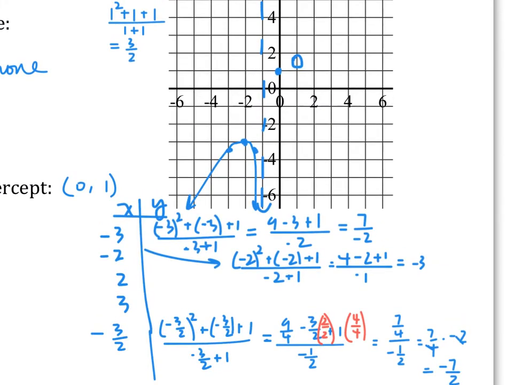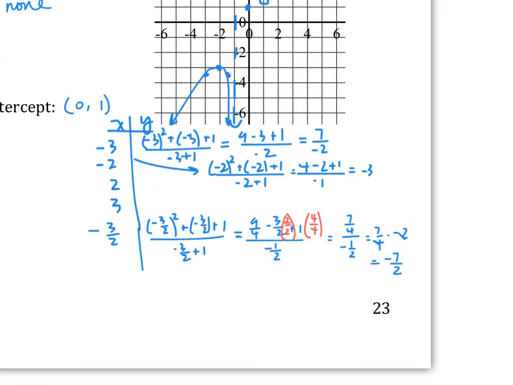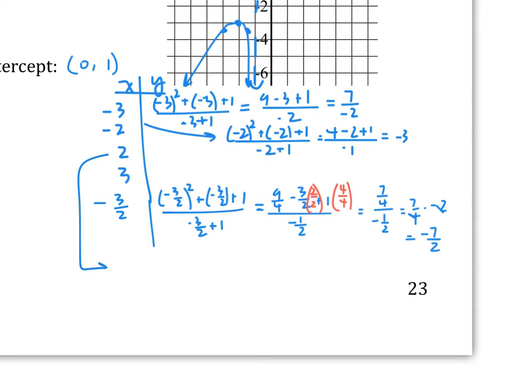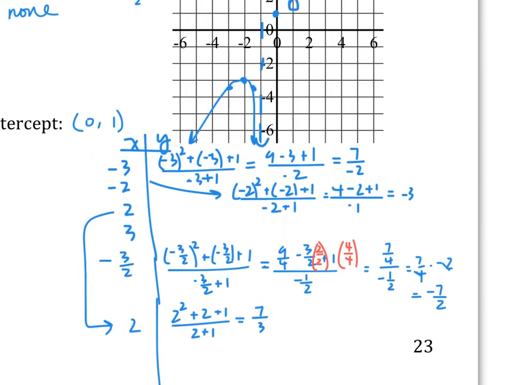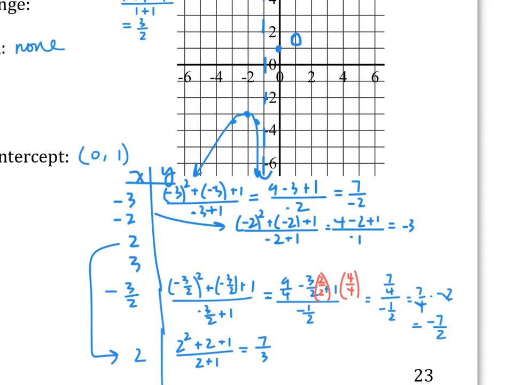All right, let me check to see what is going on at 2 and 3. Sorry, this is getting pretty messy, so let me write those down here. At 2 is 2 squared plus 2 plus 1 over 2 plus 1. So that is 4 plus 2 plus 1 is 7 over 3, which is about 2 and 1/3.